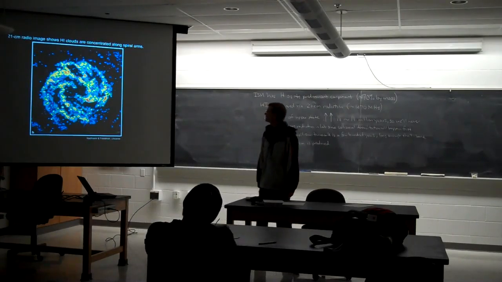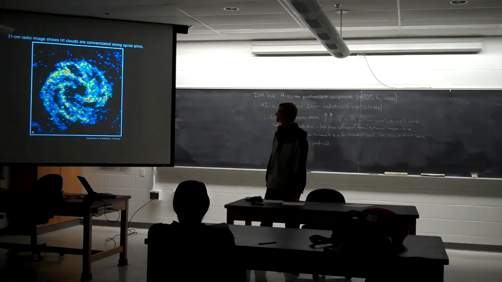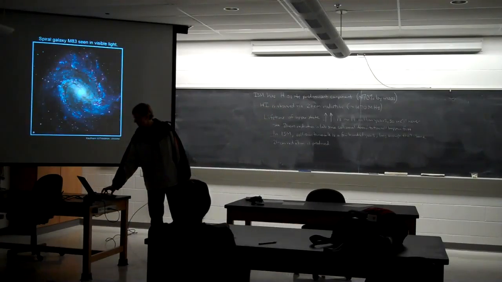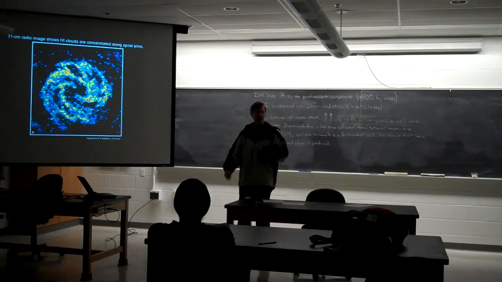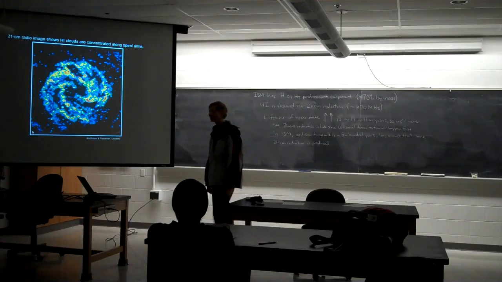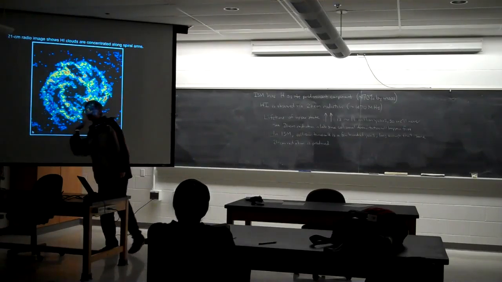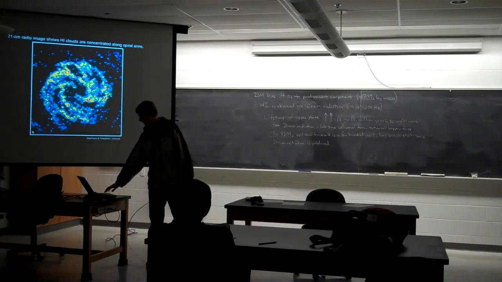At 21 centimeters, it shows H1 clouds, clouds of neutral hydrogen. Notice that they are concentrated along the spiral arms of the galaxy. It looks like a hurricane or a tropical storm on the radar. But yes, H1 clouds are concentrated along a spiral galaxy's spiral arms.